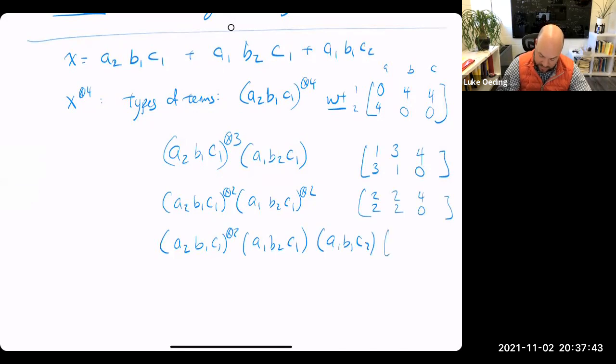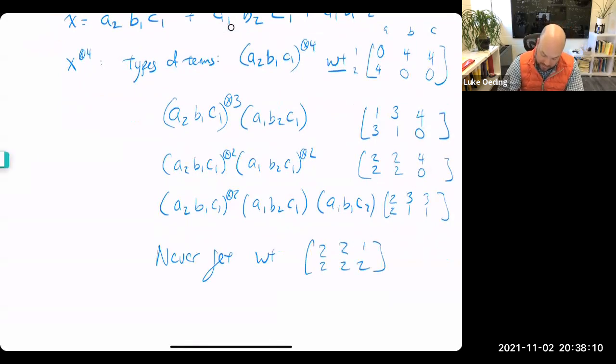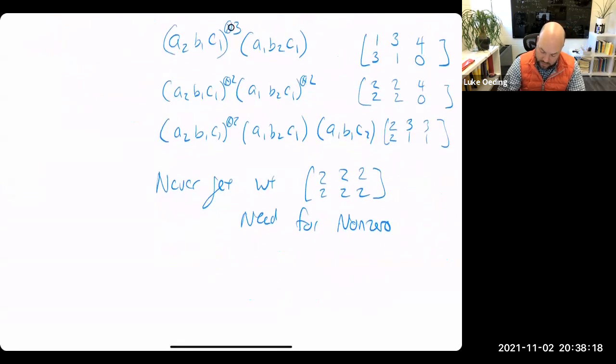And then in this last one, I have 2 of each for A, and then oh no, I have 3, 1 for B, and then I have 3, 1 for C. Okay, and notice that I never get weight 2, 2, 2, 2, 2, 2, which is what I would need for non-zero on the hyperdeterminant.